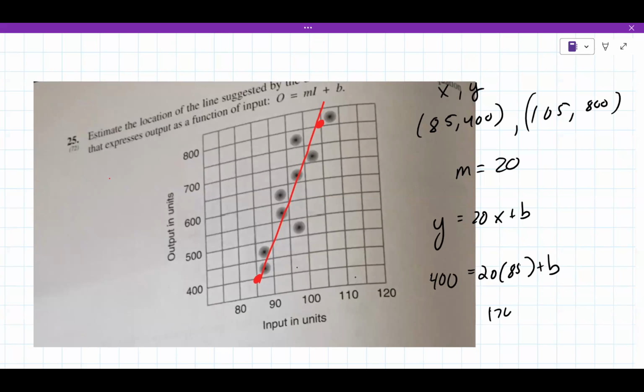So 1700. Yes. Okay. So b ends up being minus 1300. Remember, zero's way over here. The graph's going way, way down. Okay. All right, almost there.